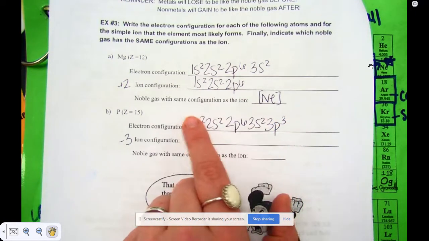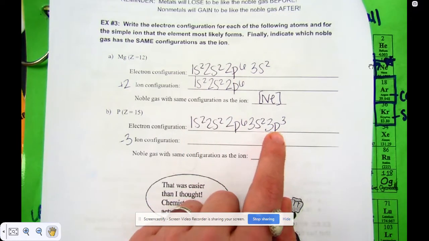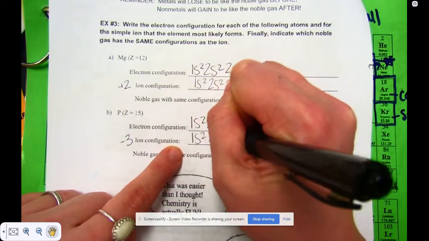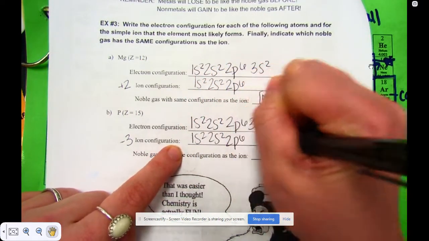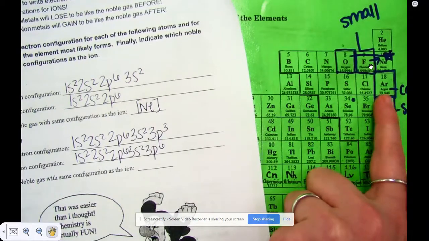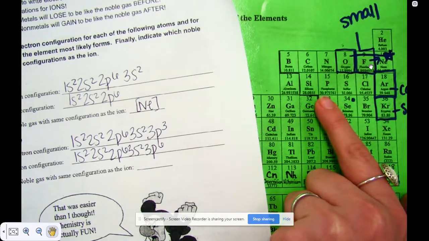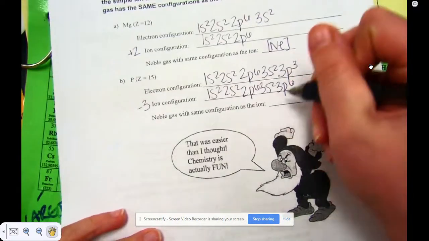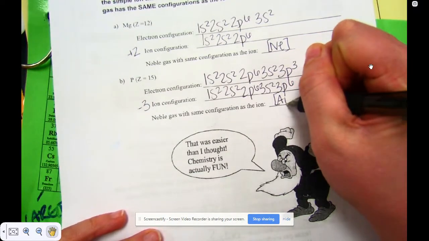So it would be the exact same configuration, except instead of 3p3, there'll now be 3p6. So 1s2, 2s2, 2p6, 3s2, 3p6. And that is the same as the configuration for argon. 15 plus 3 electrons gets me to the same electron configuration as argon.